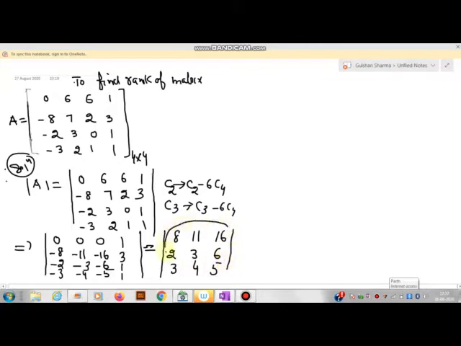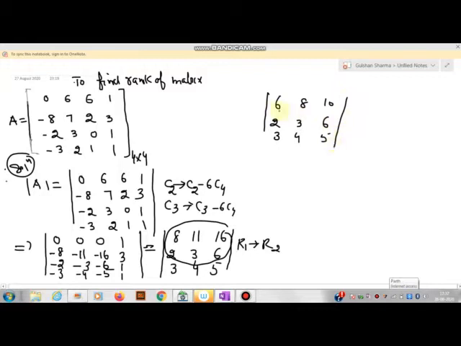Now if I apply the row operation here, that is R1 minus R2, what I get? I will get 8 minus 2 is 6, 11 minus 3 is 8, and 16 minus 6 is 10. So I will get 2, 3, 6 and 3, 4, 5.